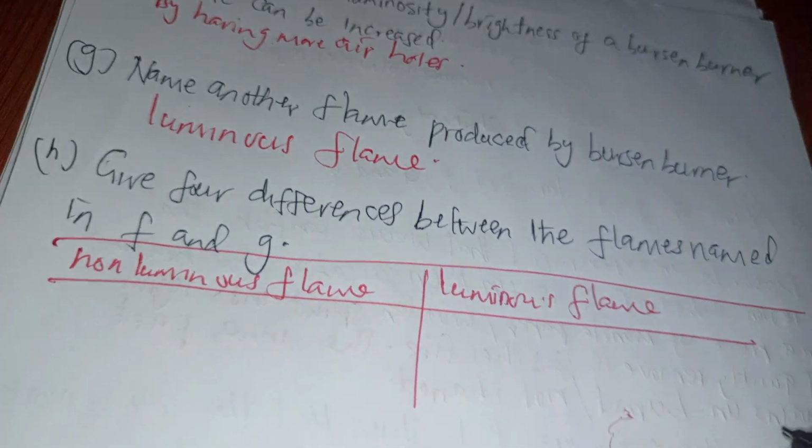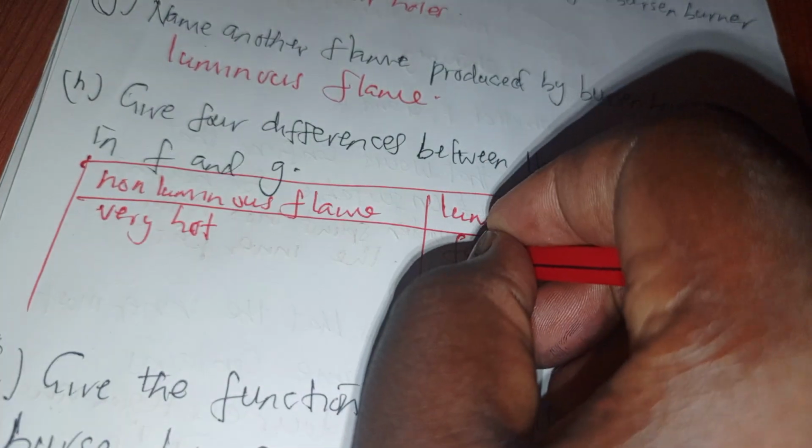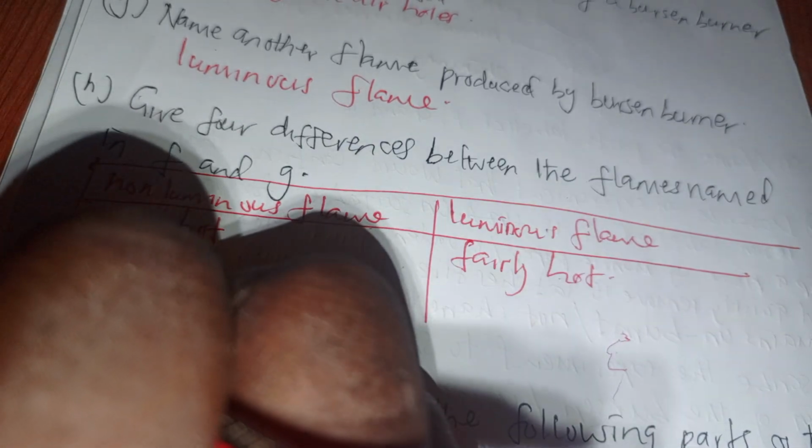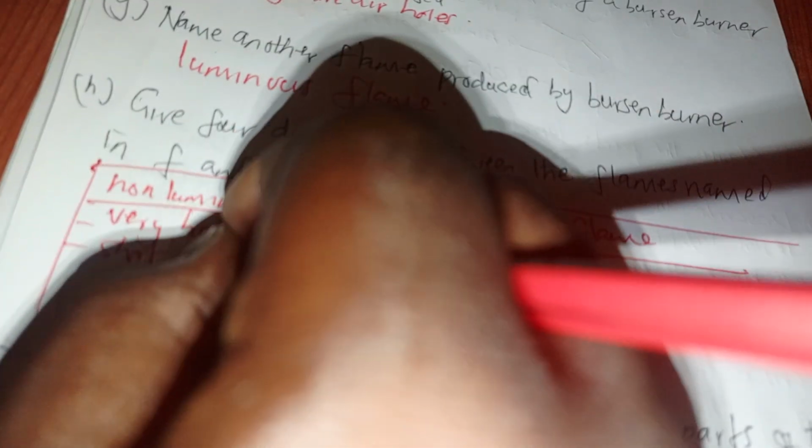Do a table. So we'll start with non-luminous. This is very hot. This one is fairly hot. This is short and straight.